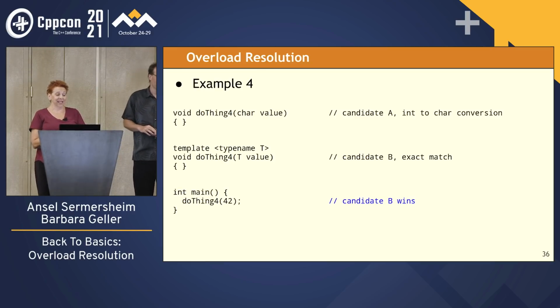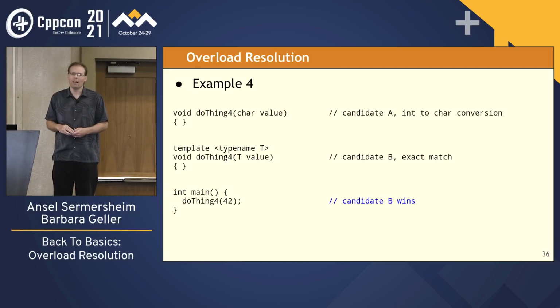Candidate B wins. And the reason for this is, despite the fact that we said a non-template function is preferred over a template function, that's only if there's a tie. And in this case, we're passing 42, which is an int. During template argument deduction, the compiler deduces T to be an int, which means that candidate B is an exact match for the data type, so it wins the ranking, and there's no need for the tiebreakers.